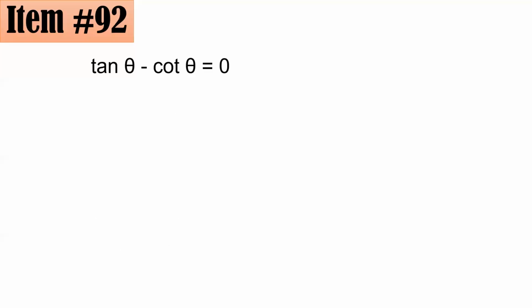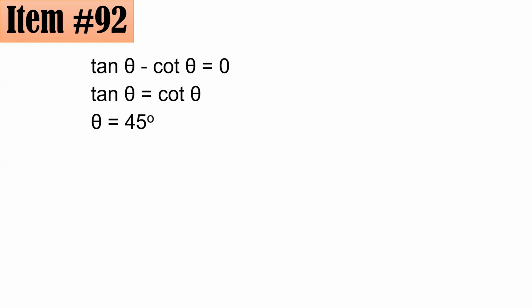Take note that if tangent theta minus cotangent theta is equal to 0, manipulating the equation by adding both sides by cotangent theta gives tangent theta equals cotangent theta. But take note po, this is possible if your theta, as suggested by Sir Chad also, is 45 degrees.